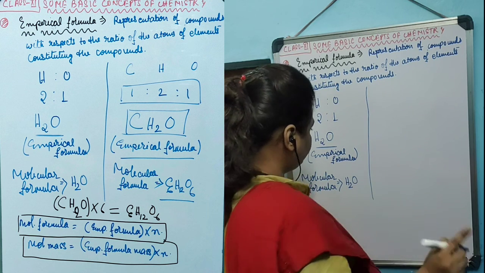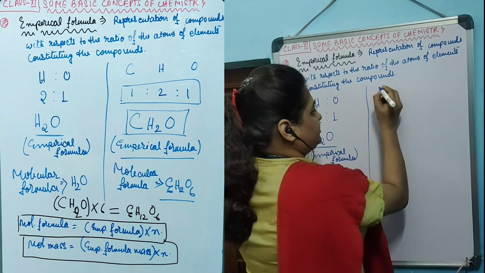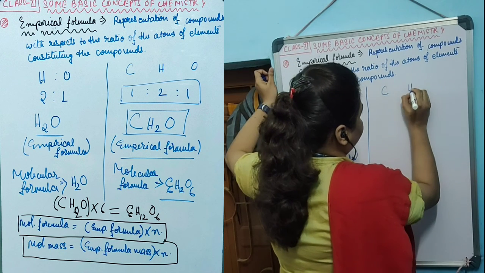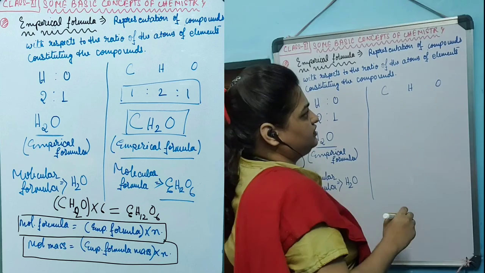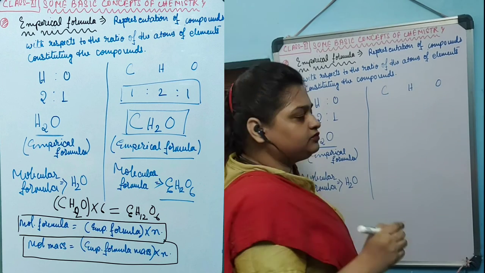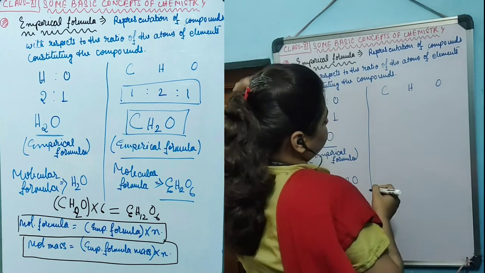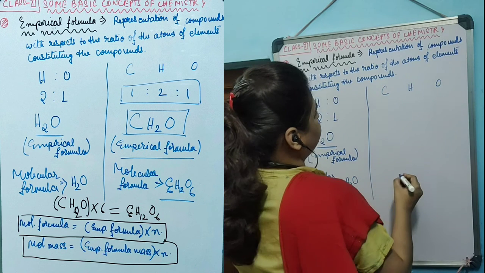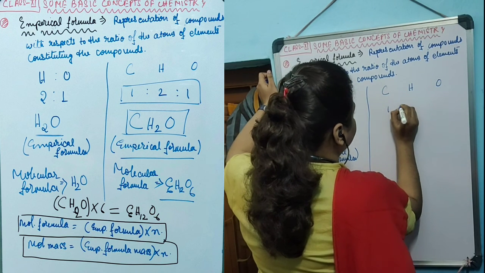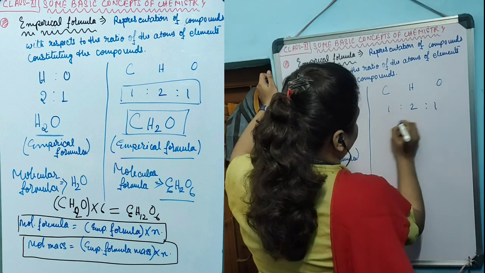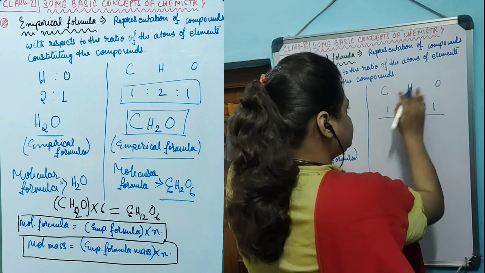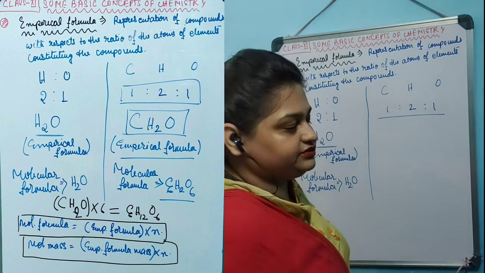Now, suppose I am telling you that carbon, hydrogen and oxygen combine together to form glucose. Carbon, hydrogen and oxygen combine with each other in a 1:2:1 ratio to form glucose.